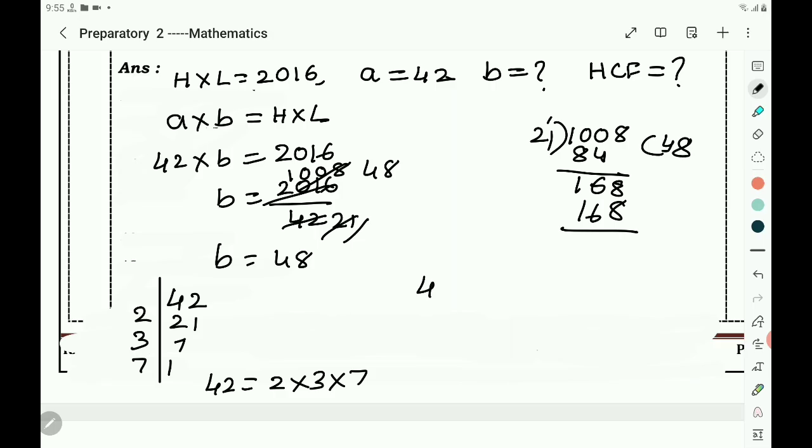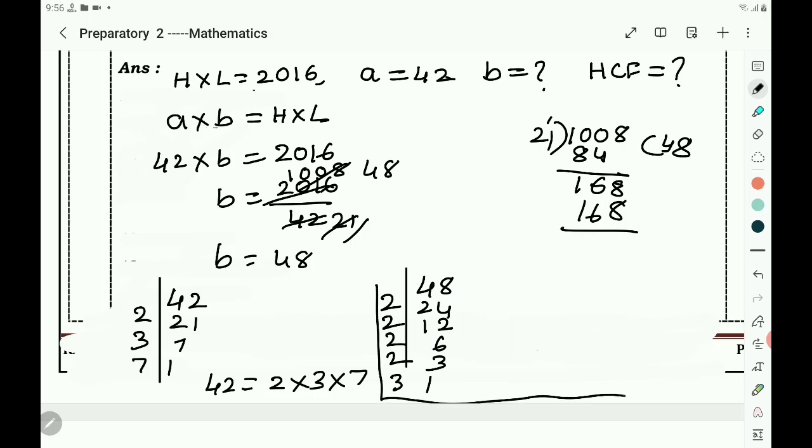Then you take 48. 2 24s, 2 12s, 2 6s, 2 3s, 3 1s. Here you got 48 equals 2 power 4 into 3.